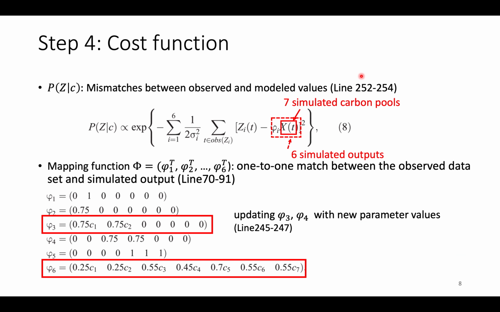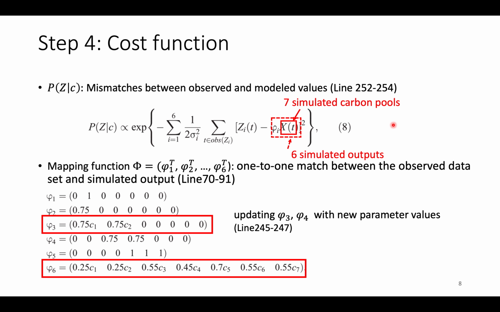The cost function is to calculate the mismatch between observations and the simulation outputs. It's realized in these 3 lines. Xt is a matrix saving the simulated 7 carbon pools at time t.